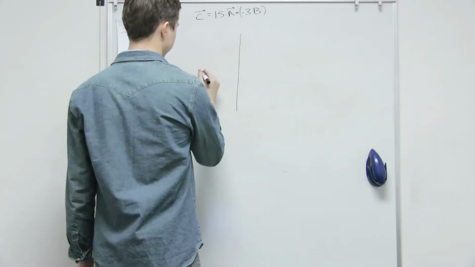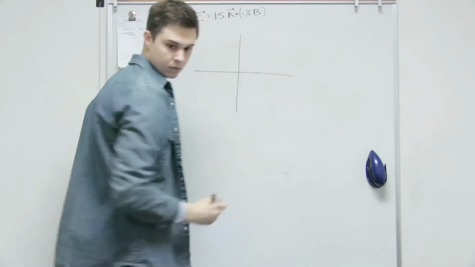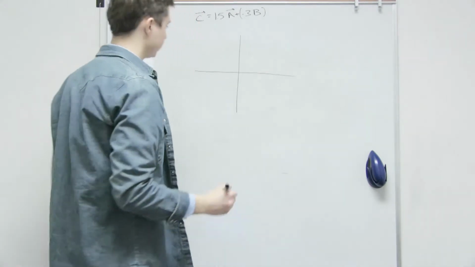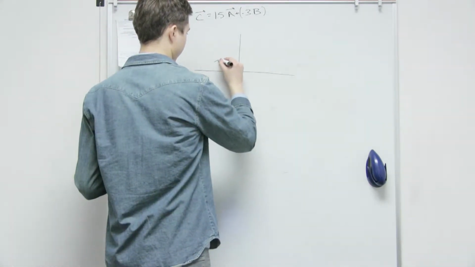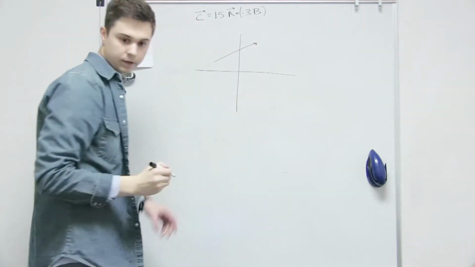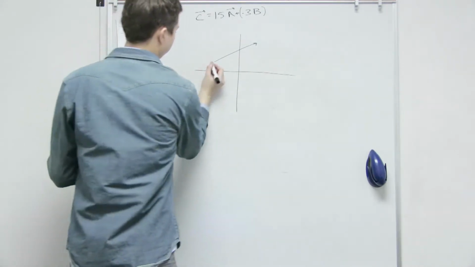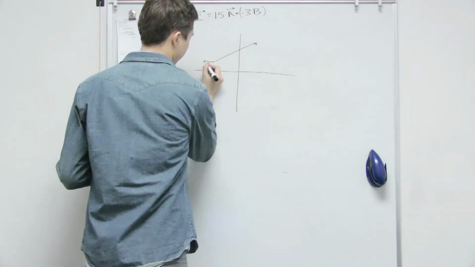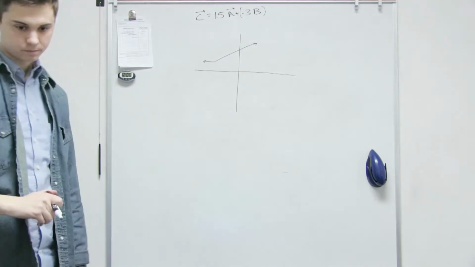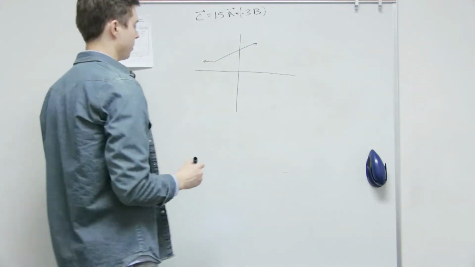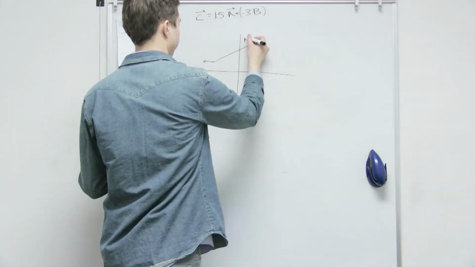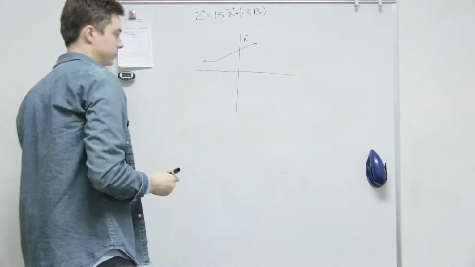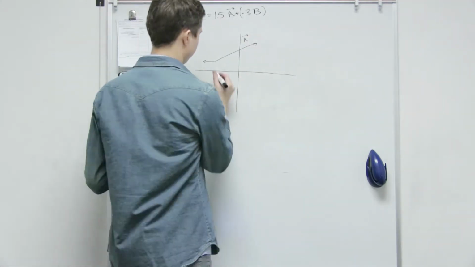So here's our coordinate system. And it looks like we've got A going off at some weird angle like that. And then B is like that. So the first thing that we'll want to do is take vector A and split it into x and y components.